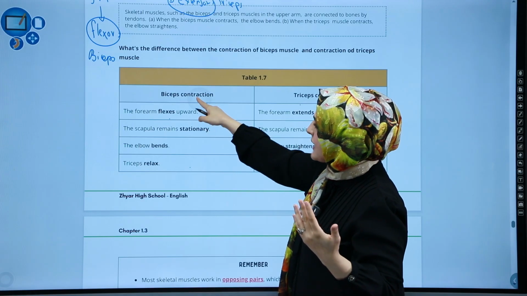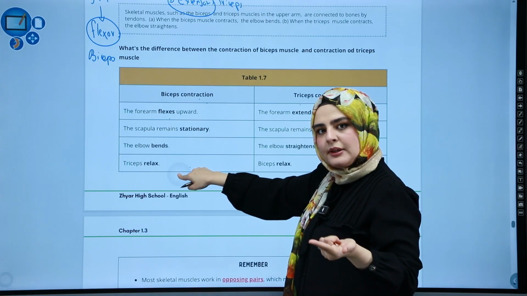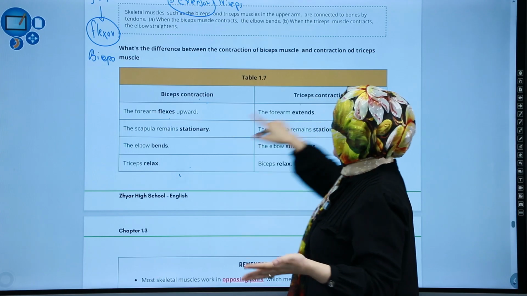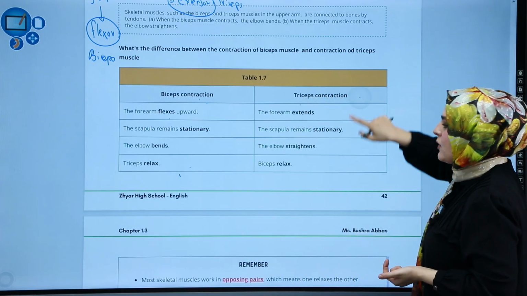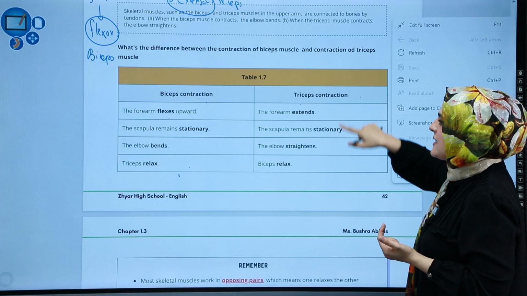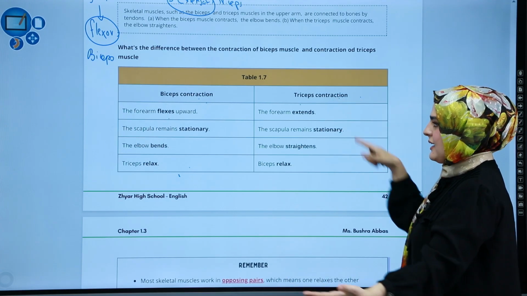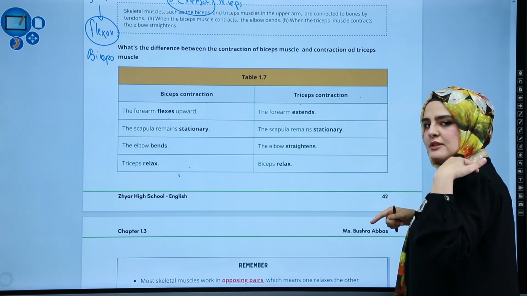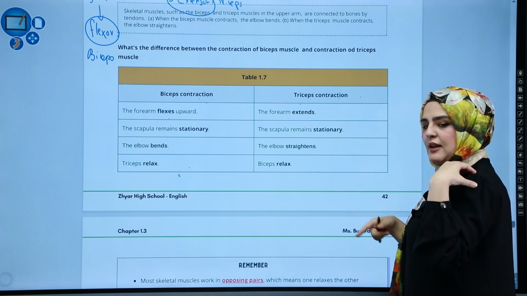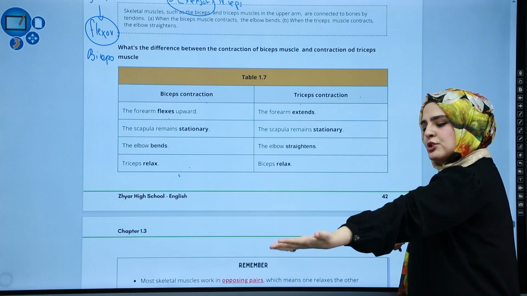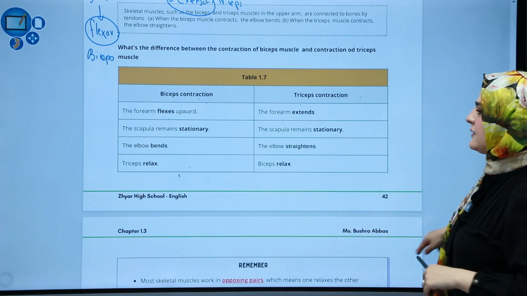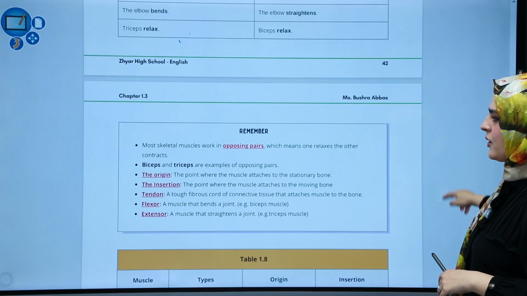While this contracts, of course the tricep relaxes. They are an opposing pair. And while the tricep contracts, of course the bicep relaxes. But tricep makes sure that the arm is extended. And the scapula, of course, is stationary, doesn't move. But the elbow moves back to its original place because of tricep. This is how opposing pairs work.